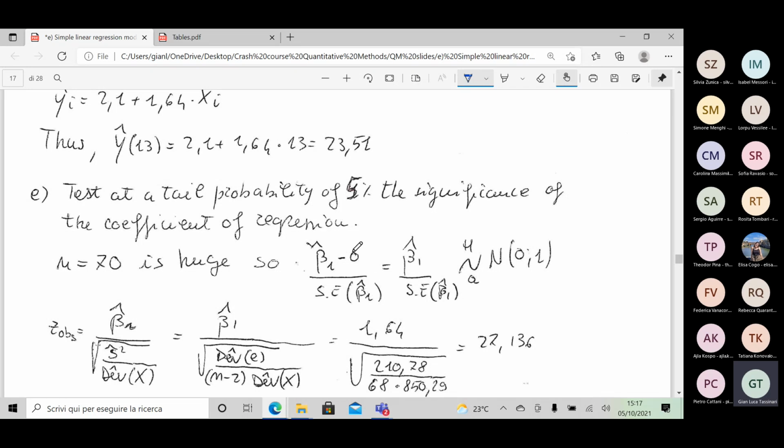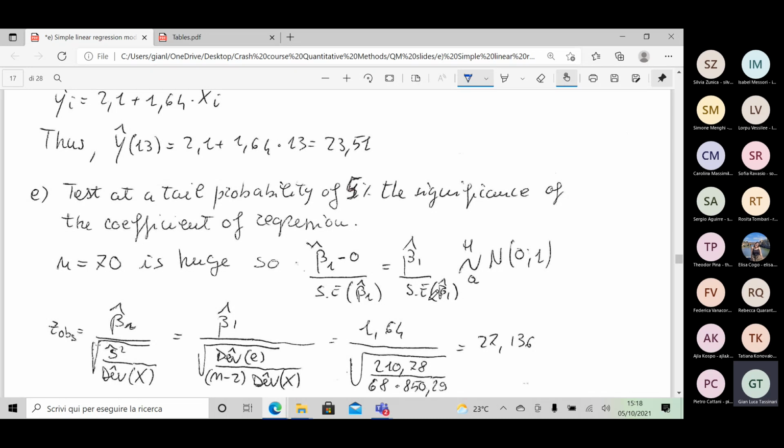But beta 1,0, that is the value of beta 1 under the null assumption, is 0, because to test if the coefficient is significant means that you have to test beta 1 equal to 0 under the null against the alternative beta 1 different from 0. So beta 1,0, the value for beta 1 under the null assumption is 0, so I substitute, and I get exactly the same test statistic I used previously, the same test statistic reported in the theory.